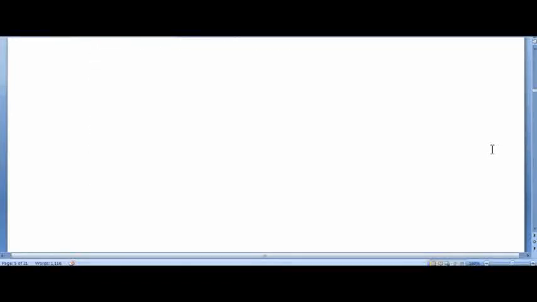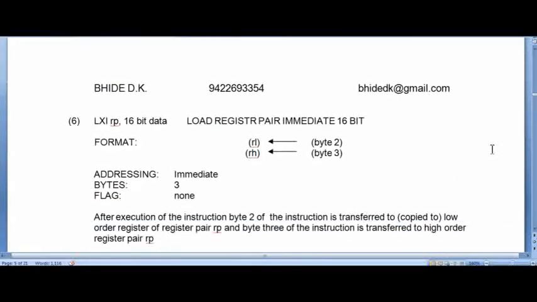Now let's go to the next instruction from the same group, called LXI RP, 16-bit data. This is a 3-byte instruction.